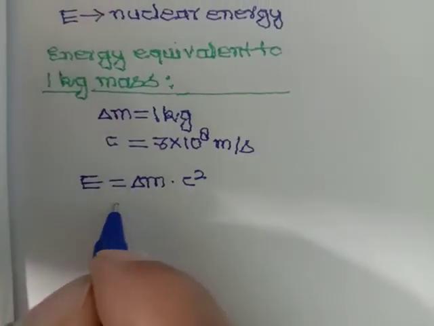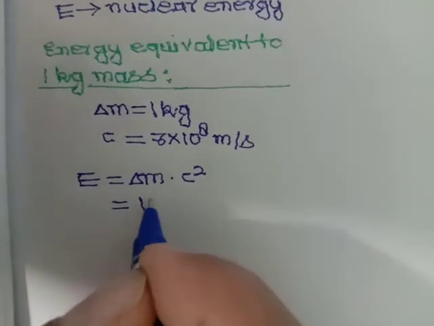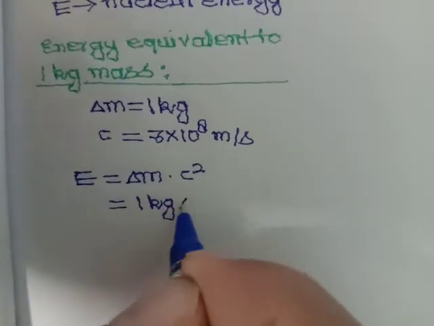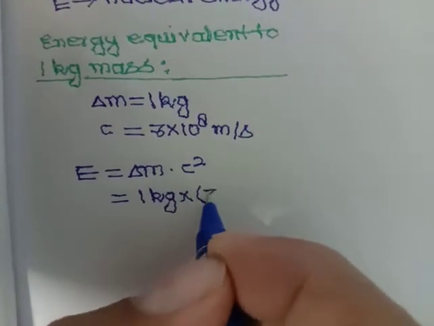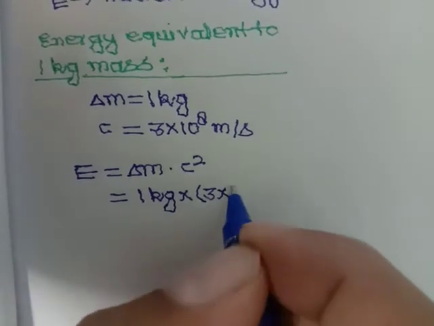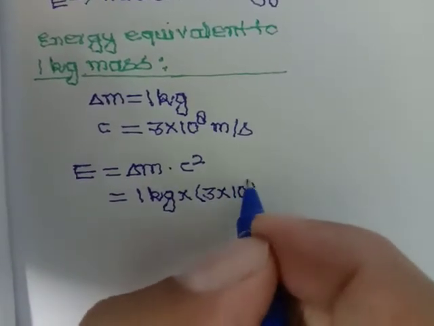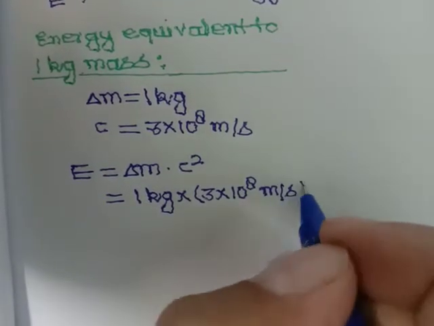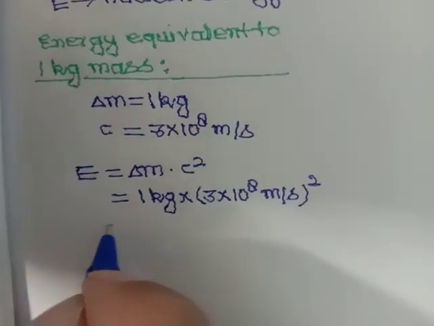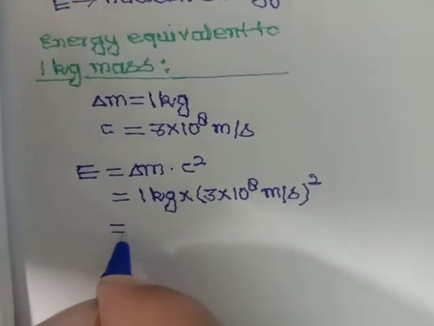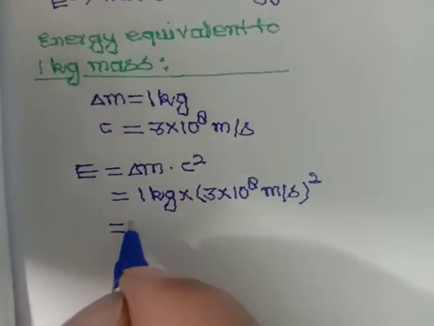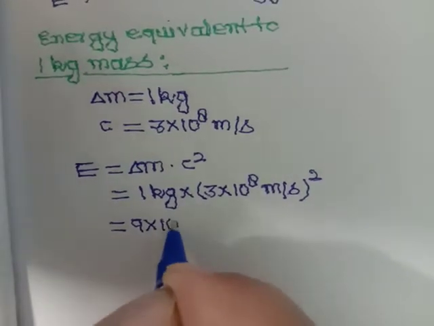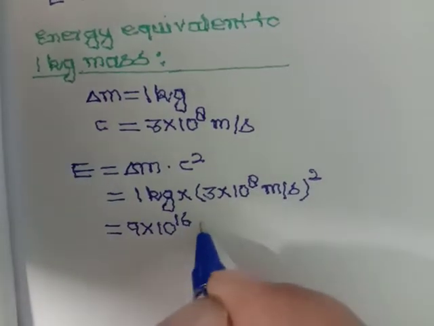So this will be equal to 1 kilogram multiplied by (3 into 10 to the power 8 meters per second) whole square, and this will be equal to 9 into 10 to the power 16 joule.